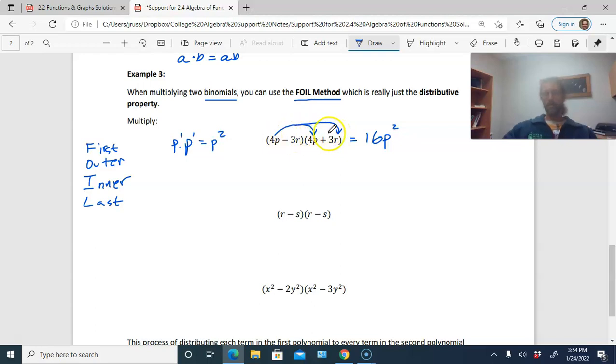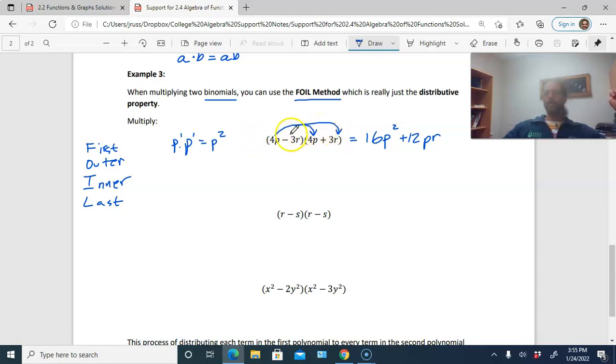Well, 4 times 3 is 12, and p times r, those are different, so I'm just going to write them pr. The order there doesn't actually matter. You could write p times r or r times p.